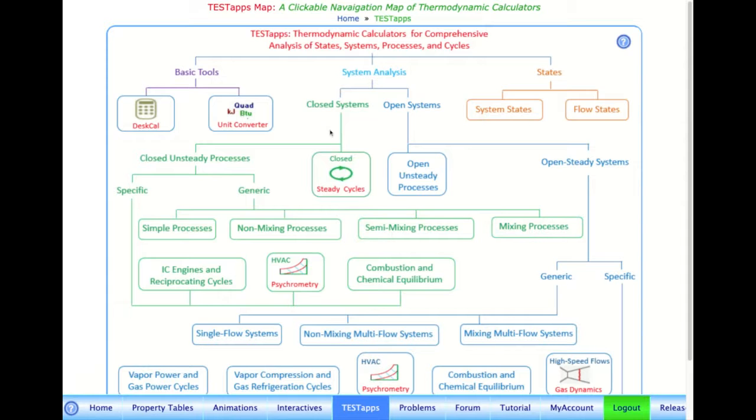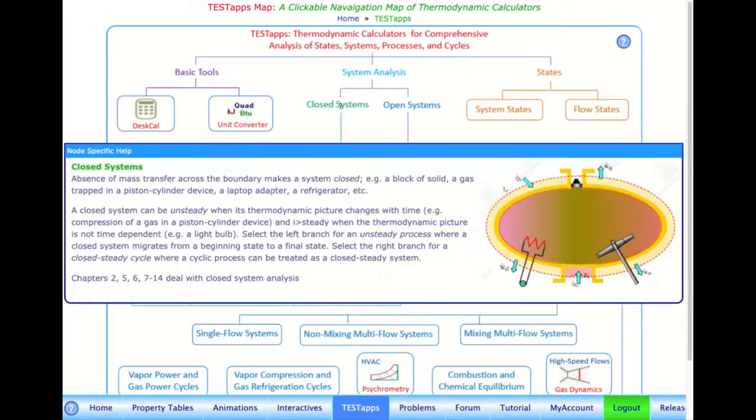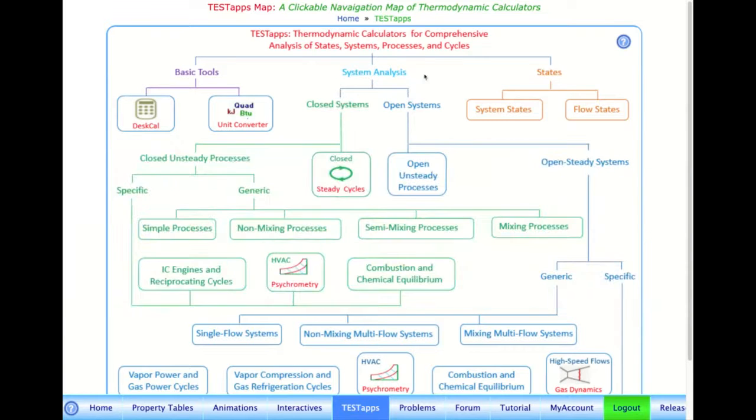As you can see here in this flow diagram, if one has a closed system, such as a gas in a piston cylinder arrangement, you would then specify a closed system. If one had an open system, such as a gas turbine or something where fluid flows in and flows out, one would select open system.